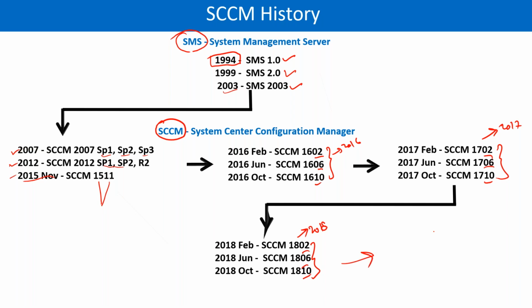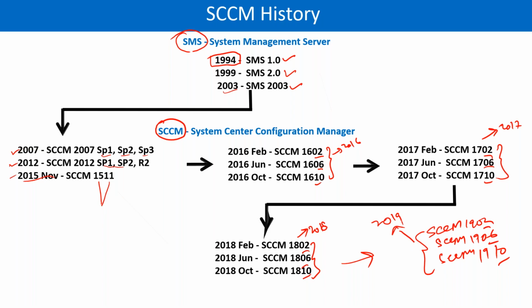And SCCM 1902, SCCM 1906, and SCCM 1910, February, June, and October, were released in the year 2019.